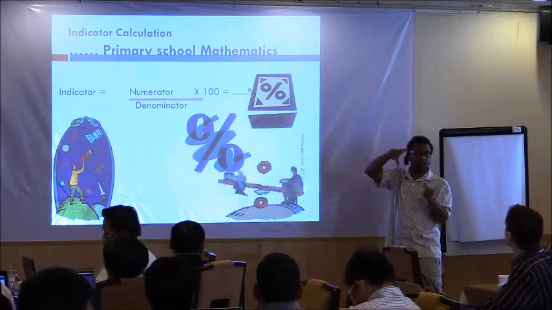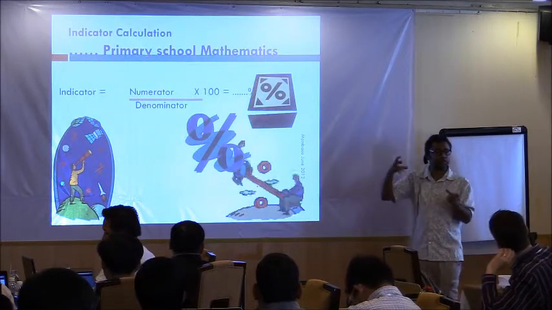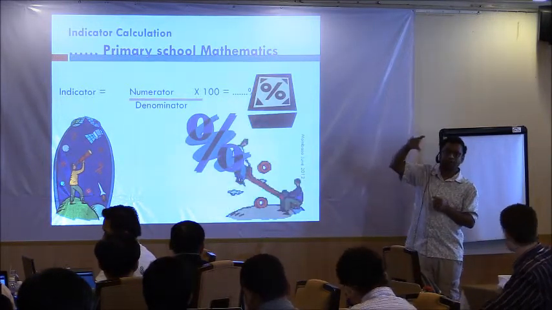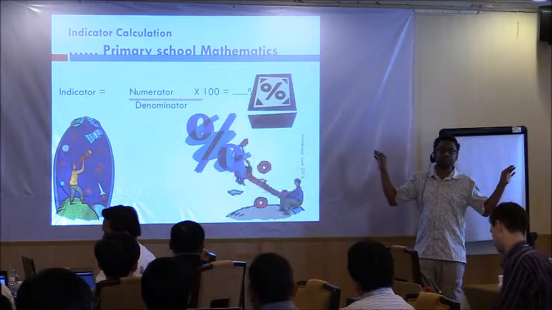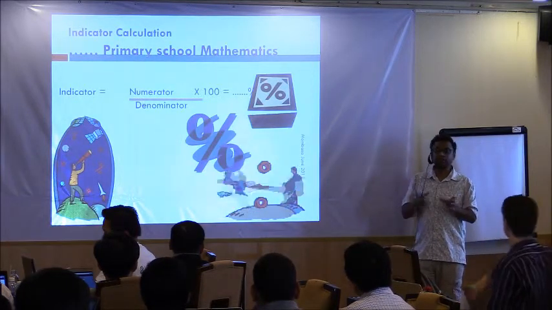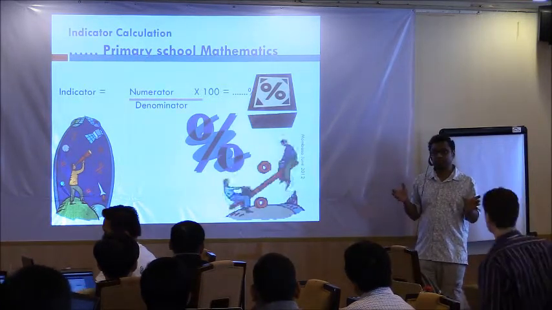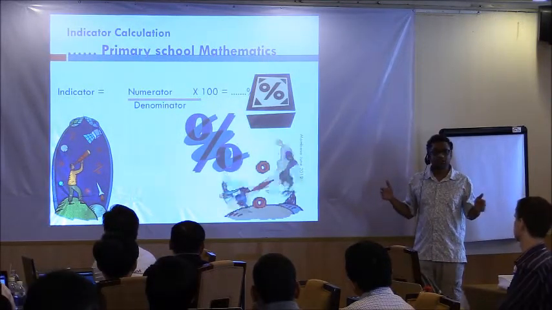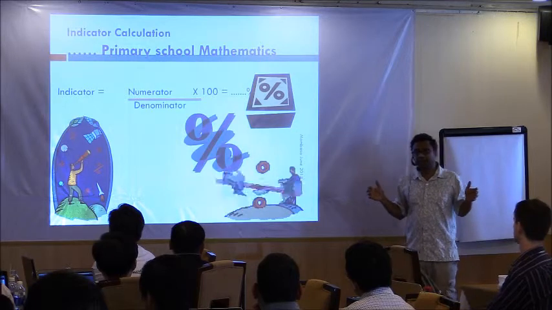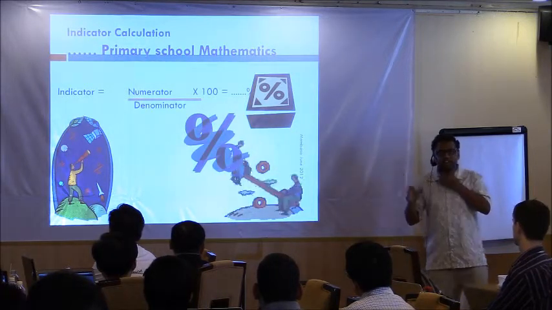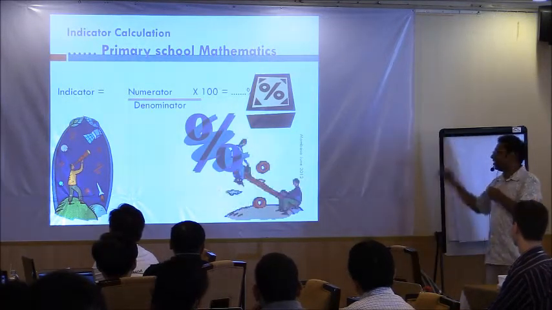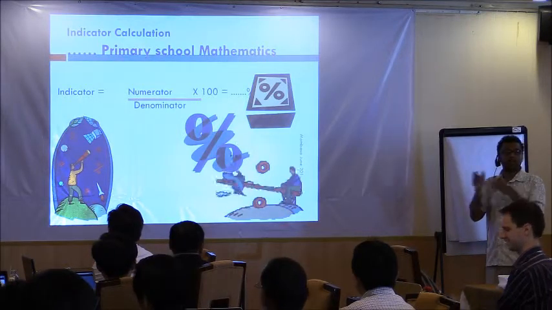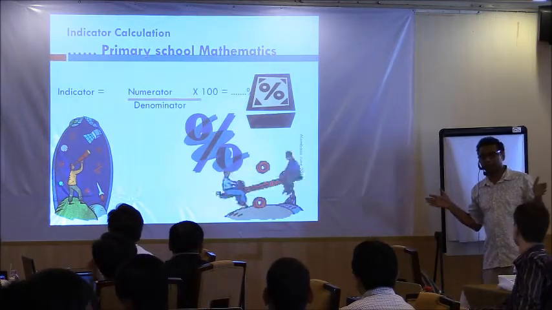For example, let's say ANC coverage. The numerator is the number of ANC first visits. The denominator is the expected number of pregnancies. You can't take the total population because men don't get pregnant, as far as I know, and not all women can get pregnant.